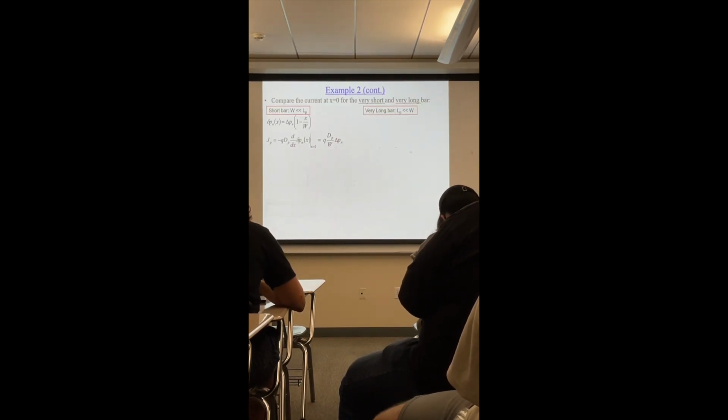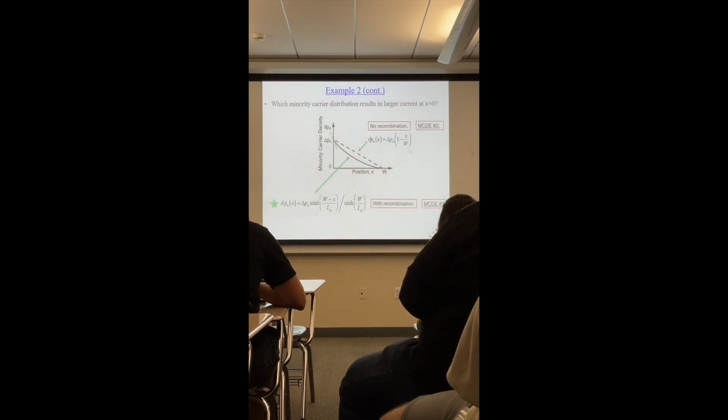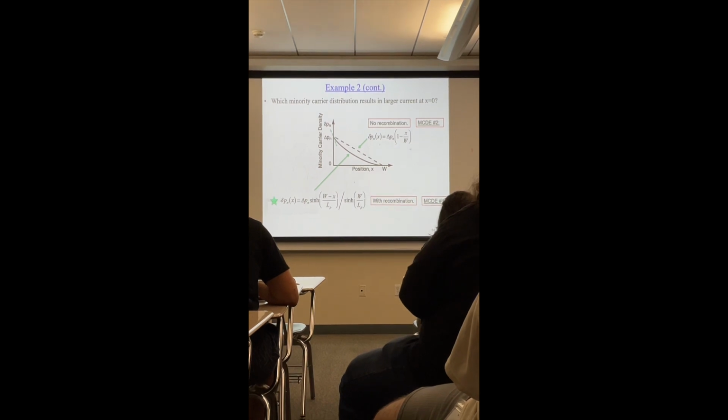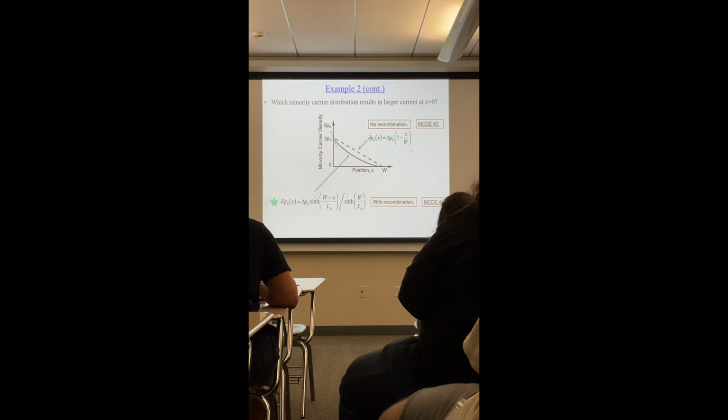Any questions for this? Basically, this carrier distribution with recombination can lead to a large current at x equal to 0.